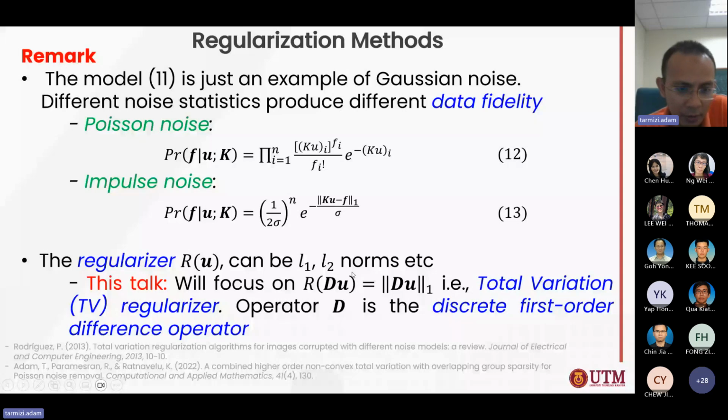In this talk, the regularizer R function will focus more on what we call the total variation regularizer. It's defined as this one, where D over here is the discrete first order difference operator, and this is the L1 norm.